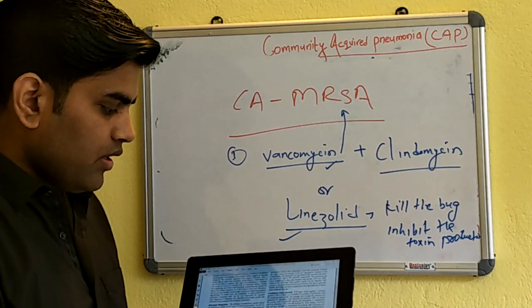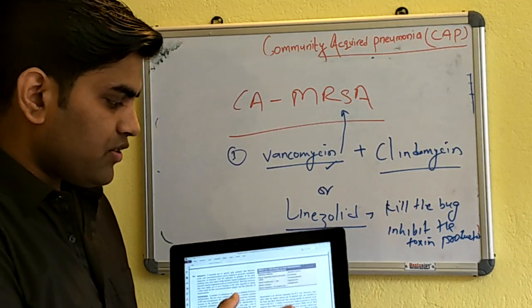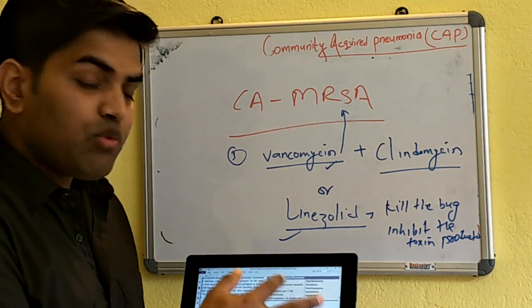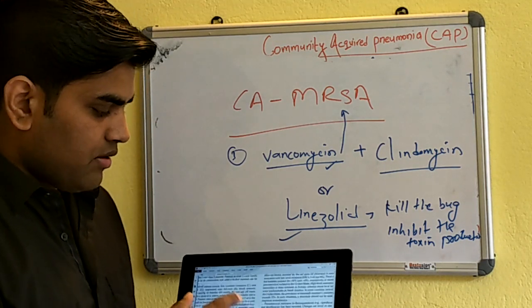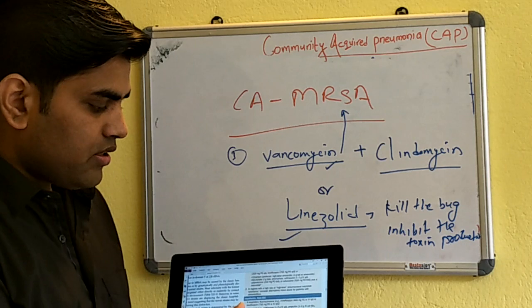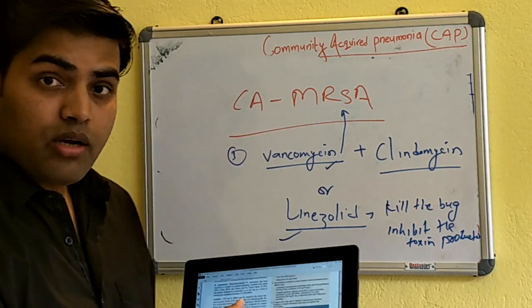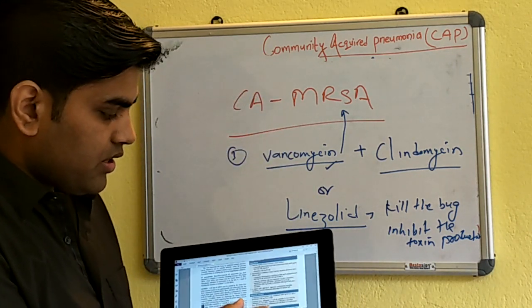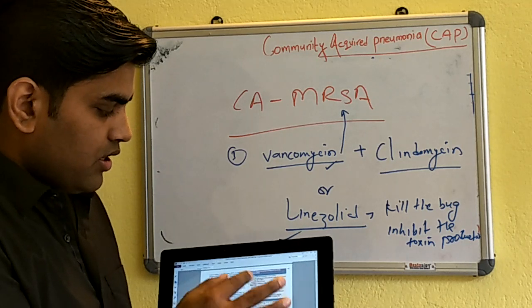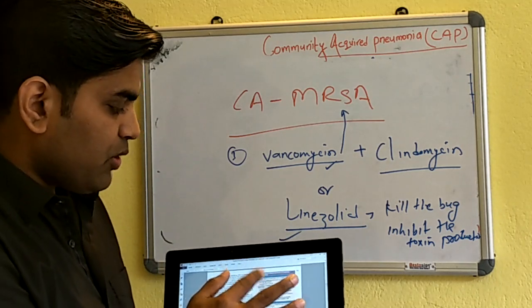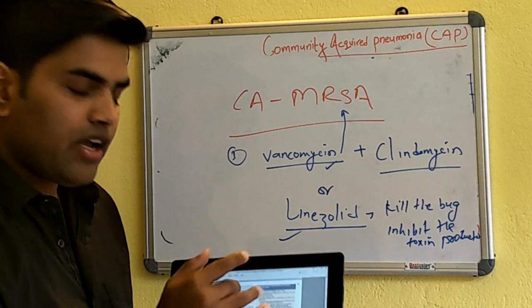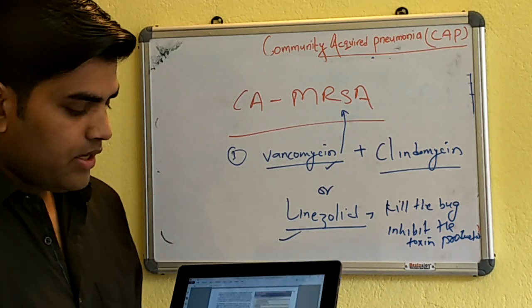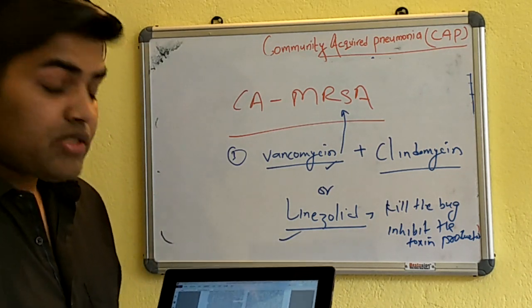Then the management. These are the risk factors for community-acquired pneumonia, and the most important is the management part. What I have discussed about management, there is a clear chart in Harrison about empirical antibiotic treatment of community-acquired pneumonia, and the same thing I have discussed here.